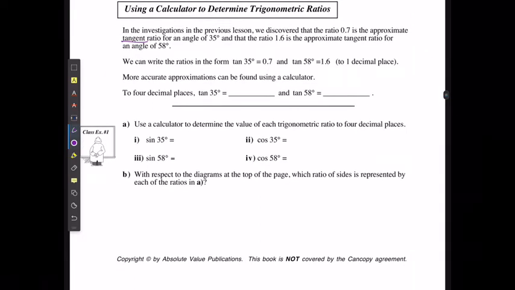If I want a more accurate version of this, I'm actually going to use the tan function on my calculator. So what I'm actually putting into my calculator is tan bracket 35.